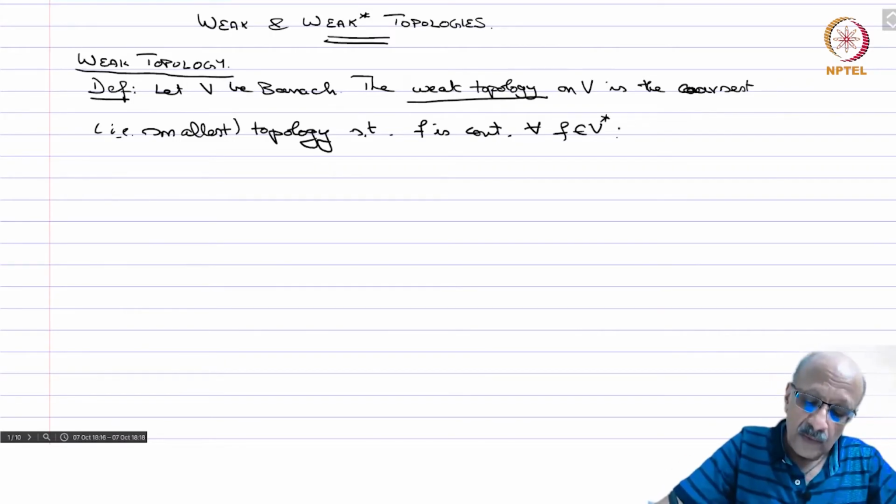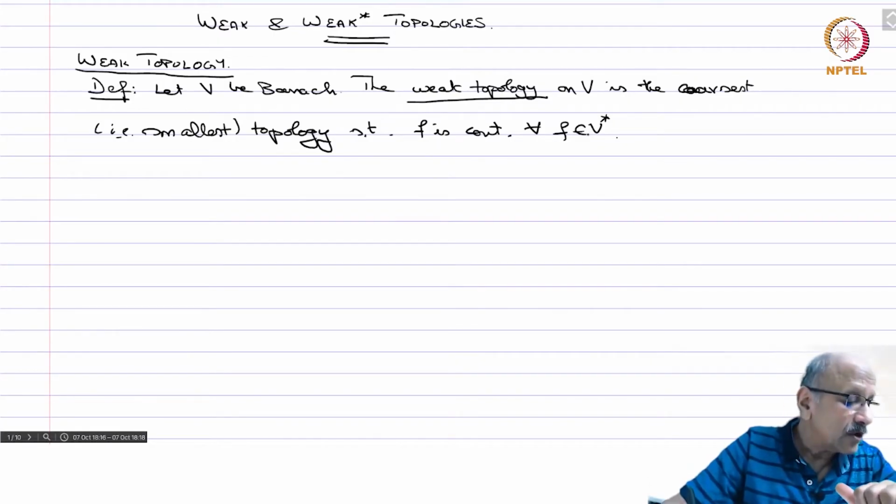Okay, so we are going to economize on the number of open sets. When I say smallest topology, I mean the least number of open sets possible, so that the members of the dual space are still continuous.